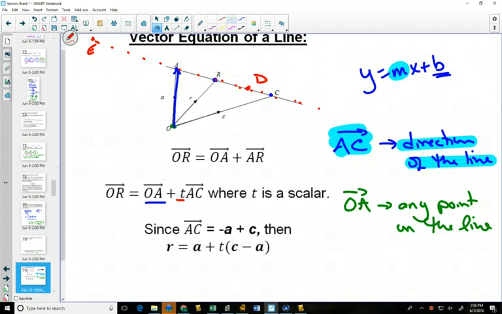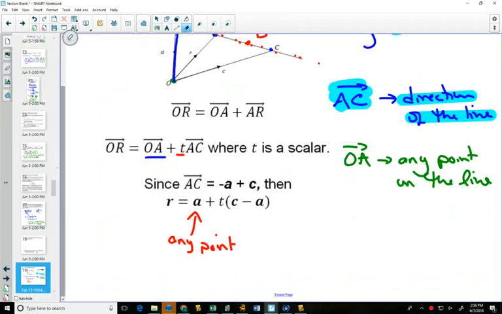So to recap, the vector equation of a line, any point on the line, maybe I'll write this as, you choose any starting point whatsoever.